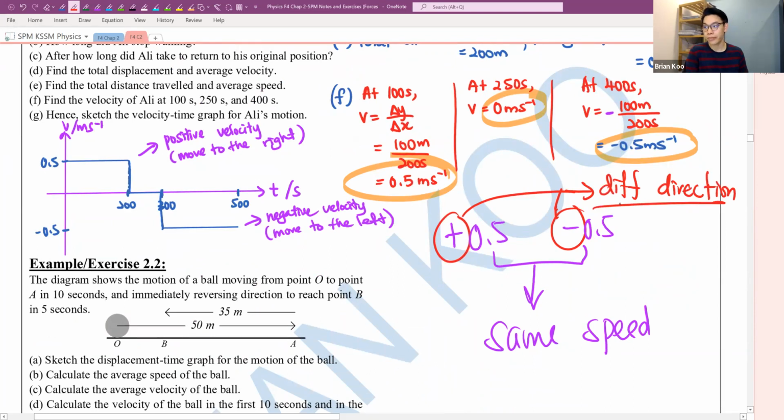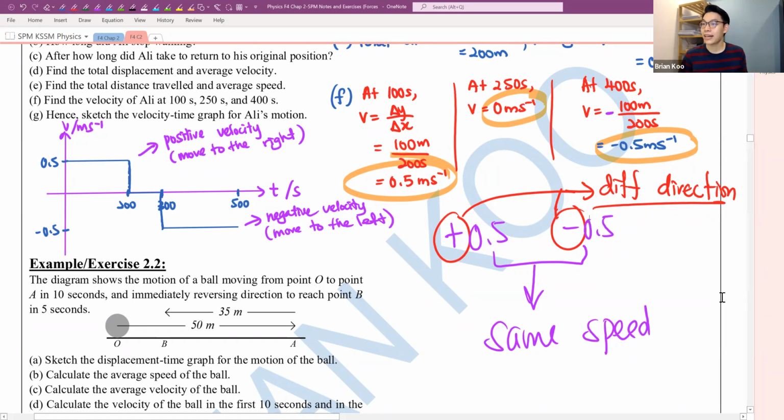They're moving equally fast, but one is moving to the right, one is moving to the left. So now I hope you are very certain of when the velocity is plus or minus. That is talking about the direction, left or right. When is the acceleration plus or minus? That is talking about whether you are speeding up or slowing down. Acceleration plus or minus. Okay, all good.